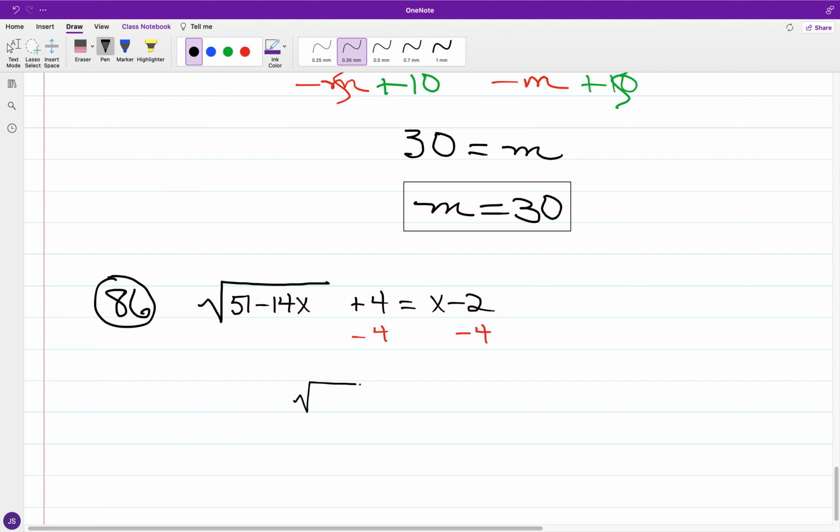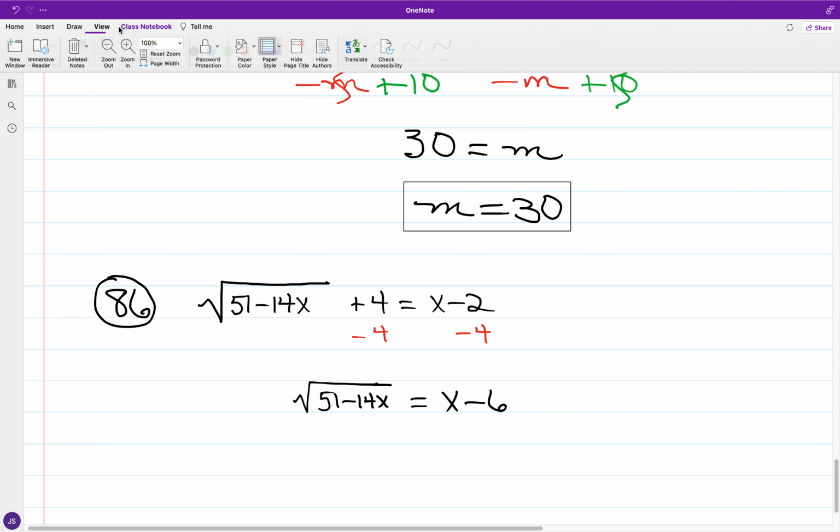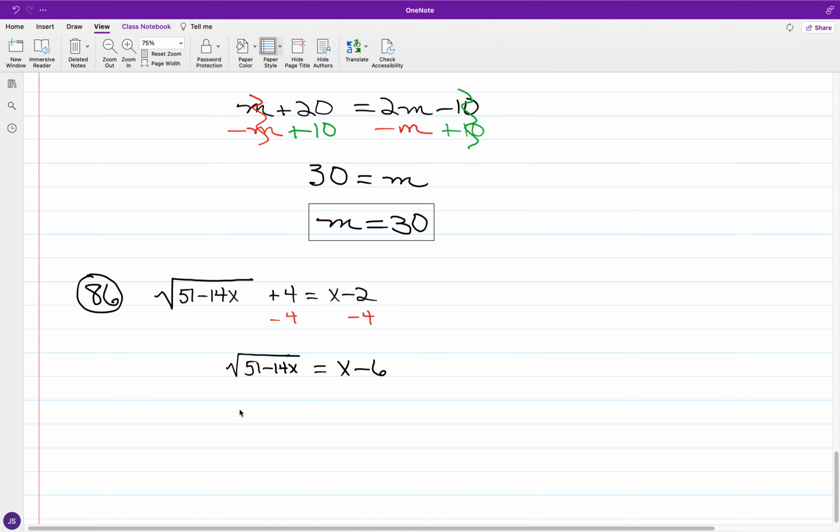So taking 4 away, I have the square root of 51 minus 14x. To the right, x minus 2 minus 4 will become x minus 6. So again, I have one radical term, and I can eliminate the presence of the radical upon squaring both sides.